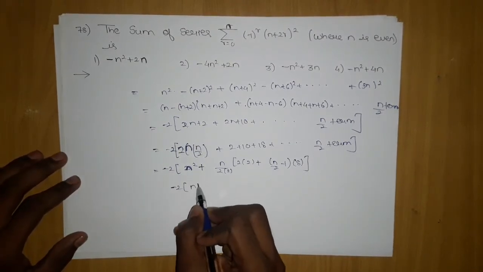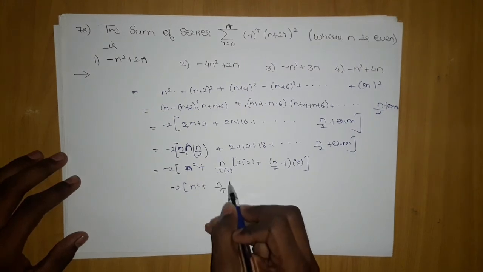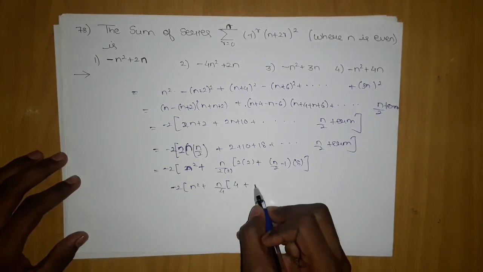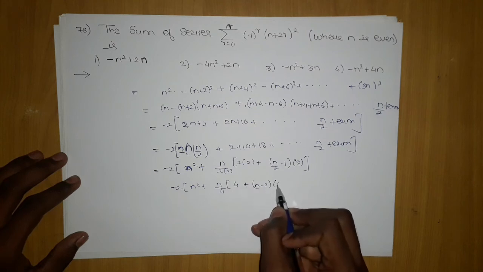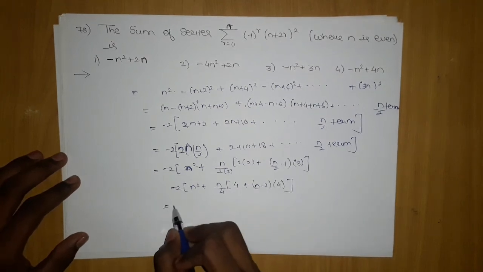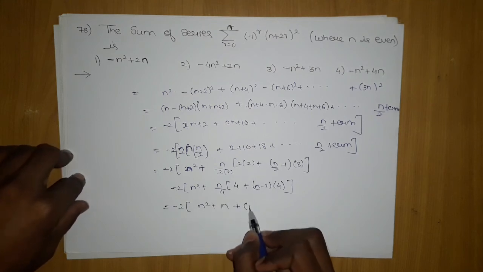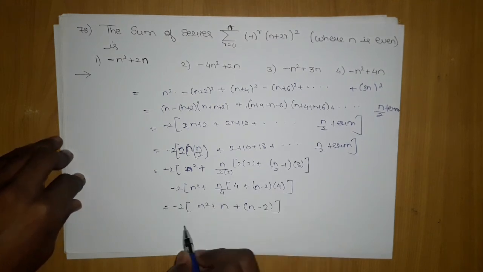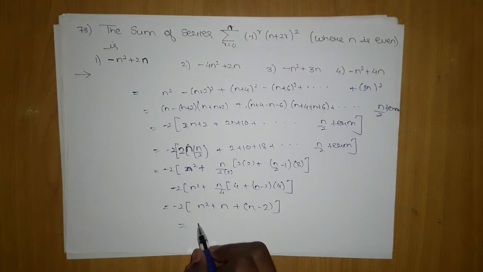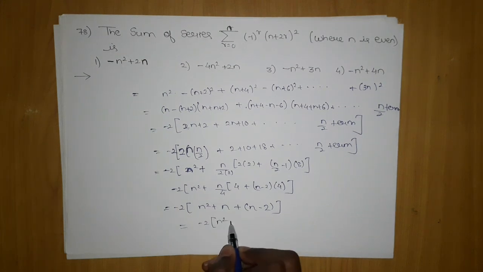Minus 2 into n square, n by 4 into (4 plus n minus 2), this will become 4, which will give me minus 2 into n square plus n plus, okay, this gives me minus 2 into n square.